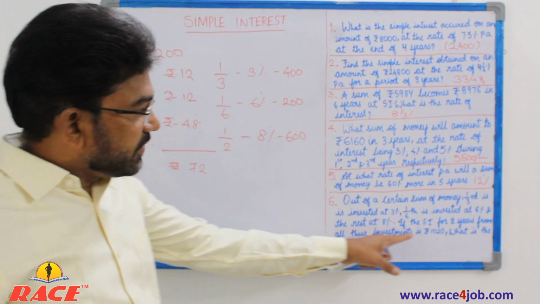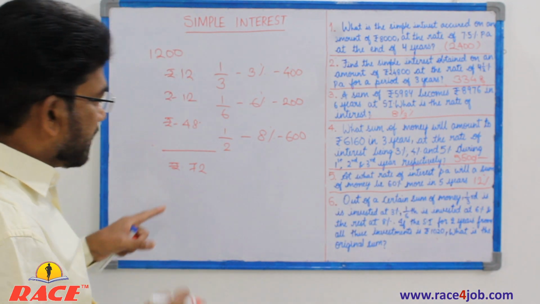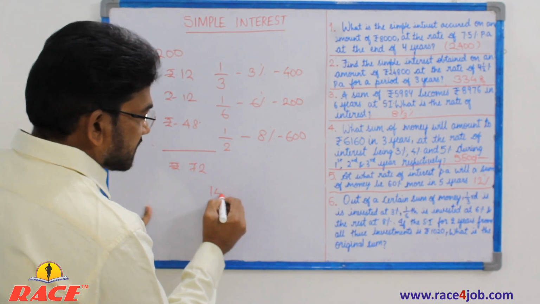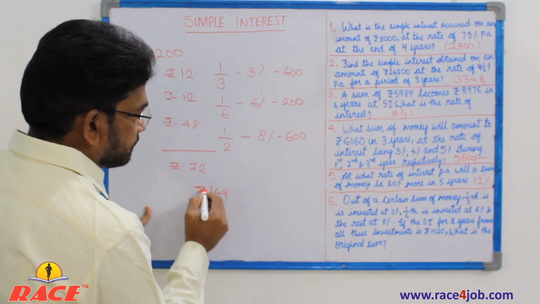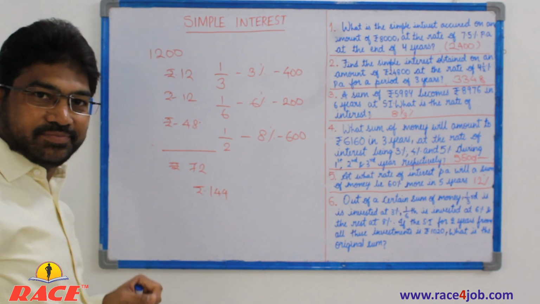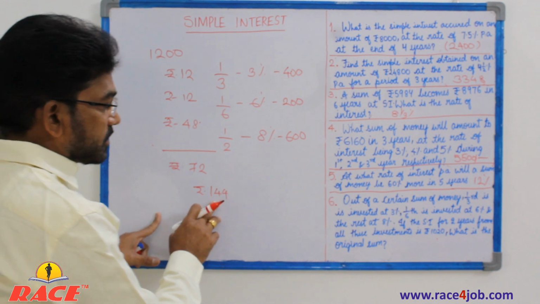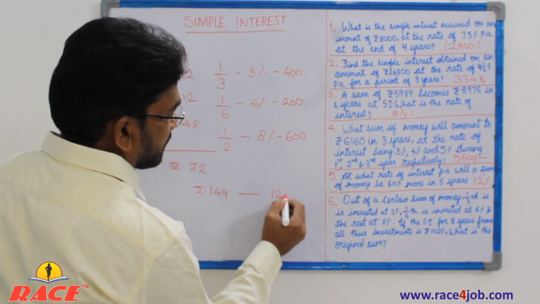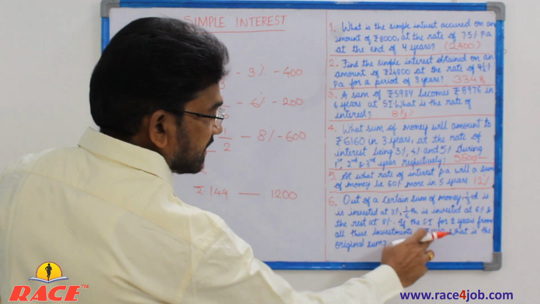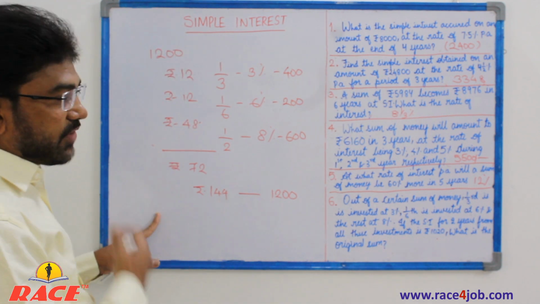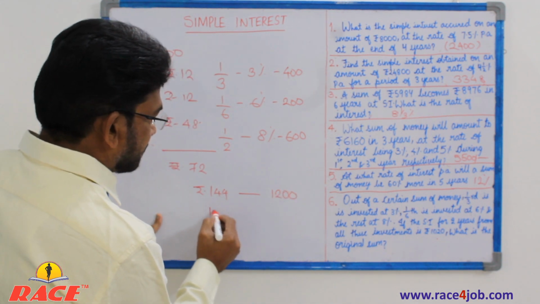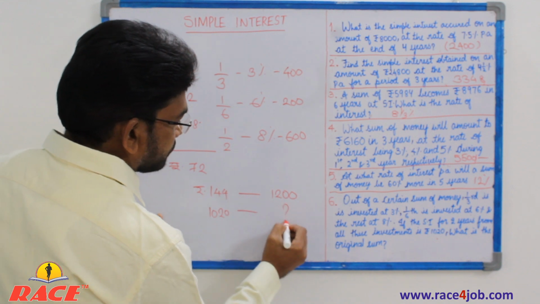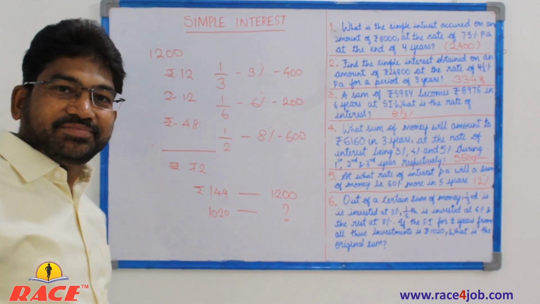But the amount is actually invested for 2 years. That means 144 rupees interest we receive on 1,200 rupees. But he says the interest is not 144, the interest is 1,020. If it's 1,020, what is the principal?